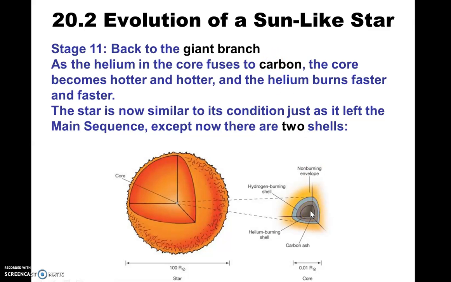Stars like our sun don't quite have enough mass to convert carbon into heavier elements. I mean, there's a little bit of that goes on, but you usually have to start with stars more massive than the sun.